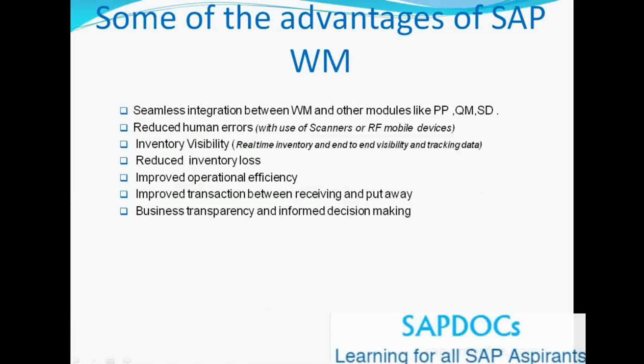Improved operational efficiency. SAP warehouse management provides you functionality like a warehouse activity monitor, an RF monitor, or a yard monitor. What these monitors do is that they enable the warehouse supervisor to have a bird's eye view of the activities that are happening in the warehouse.